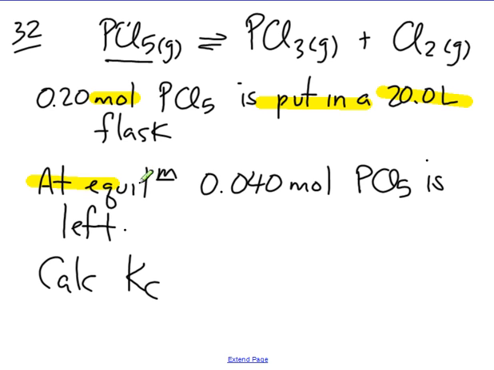This phrase, at equilibrium, is important. That's another clue that the ice table is needed, because we know about the initial conditions and we're told something about the equilibrium conditions. Again, it gives me moles, so I'm going to want to convert that also to a molarity.